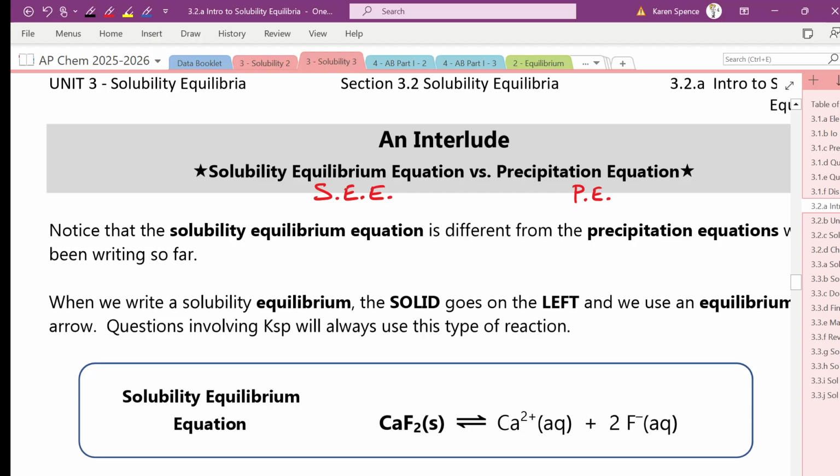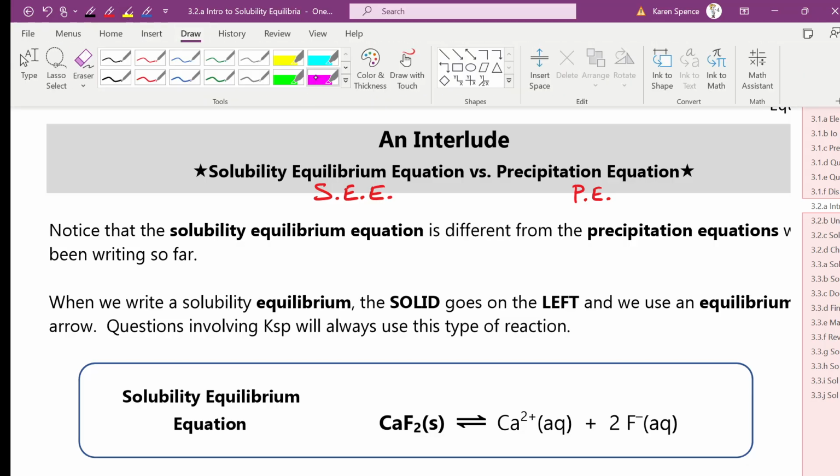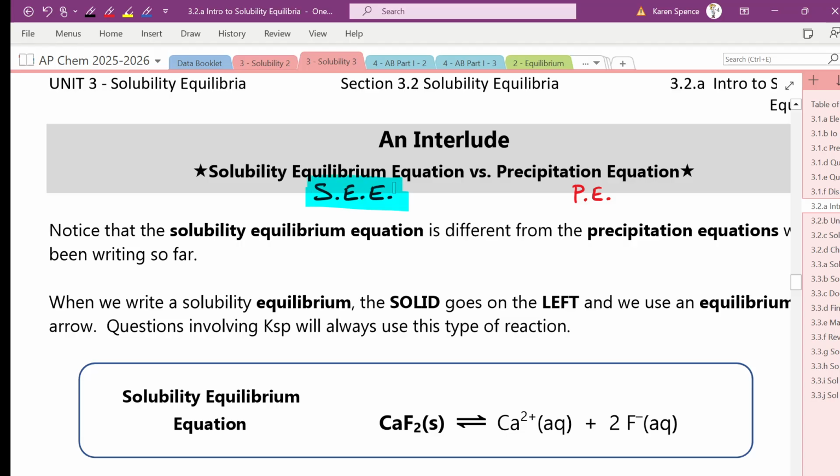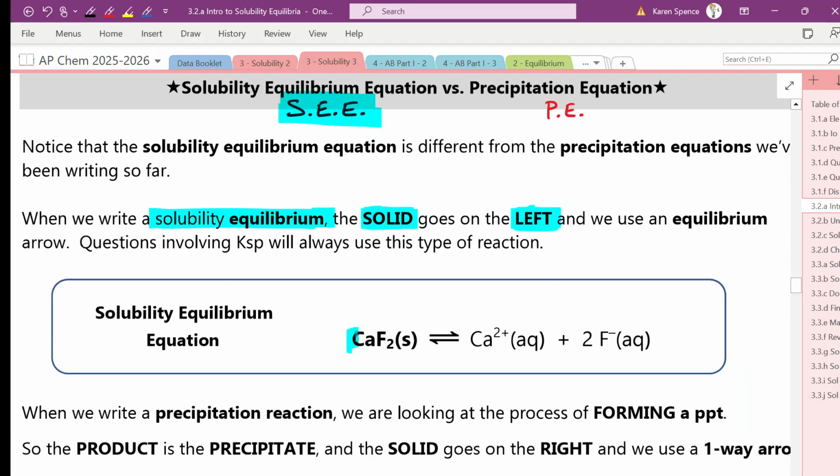So the solubility equilibrium equation has the solid on the left. So when we're writing a solubility equilibrium, the solid goes on the left.